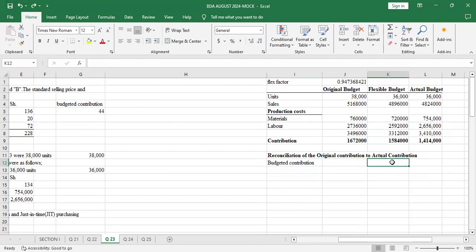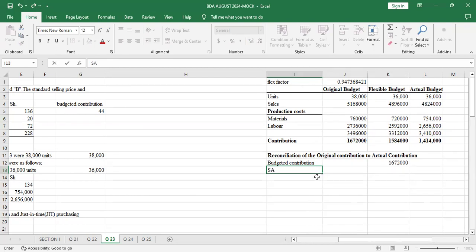So I'll start with the sales price variance, the reason being we have sales here. So I'll look for sales variances, material variances, and labor variances. So we start with sales price variance.